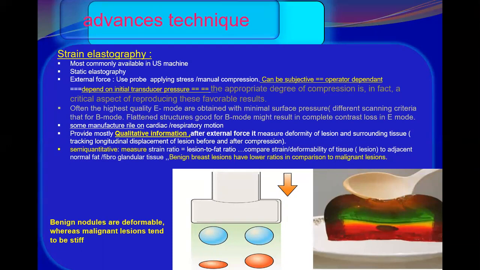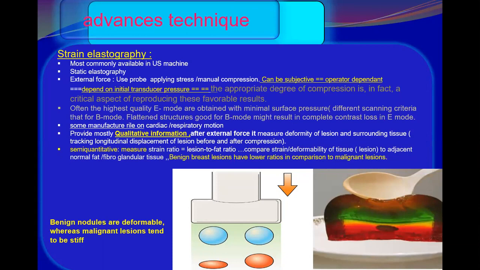And generally strain elastography gives qualitative information, okay? It measures the deformability of a lesion, estimating the stiffness of the lesion either in black and white or in a color-coded image.